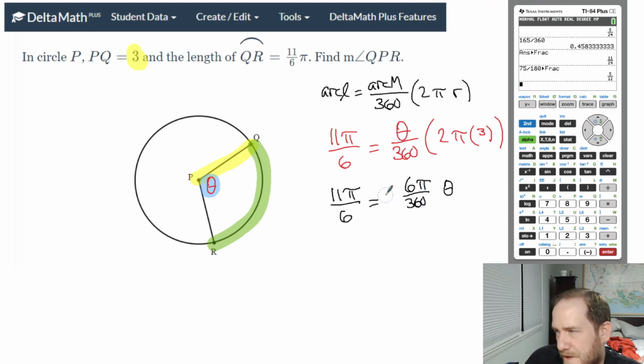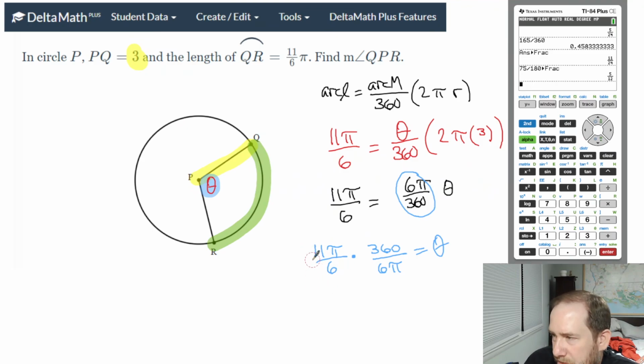So to solve for theta, you just have to get rid of this whole big block. You might normally think divide by it, but since it's a fraction, you want to multiply by the reciprocal instead. So on this side, we're going to multiply by 360 in the numerator and 6 pi in the denominator. And that's going to give us theta.